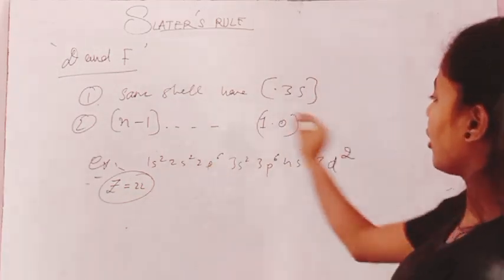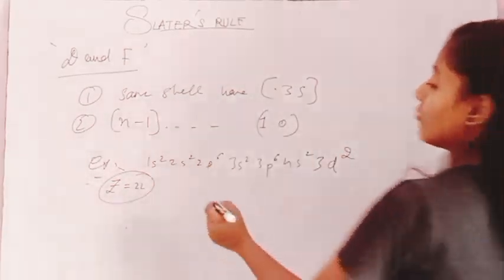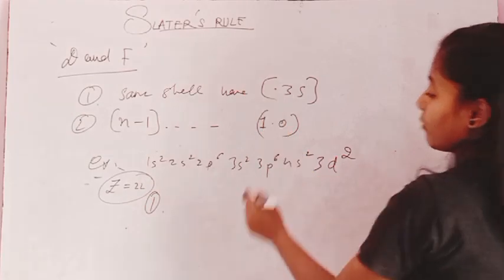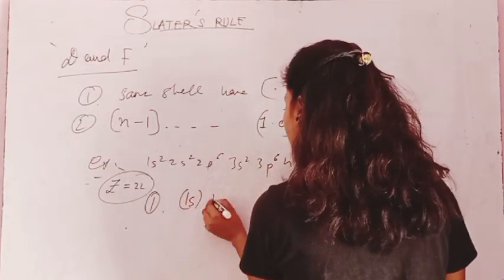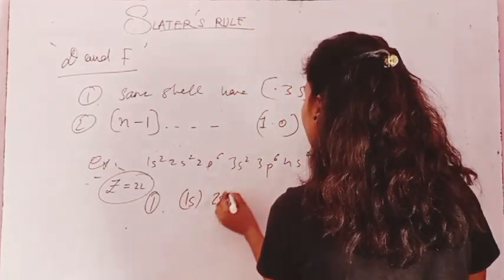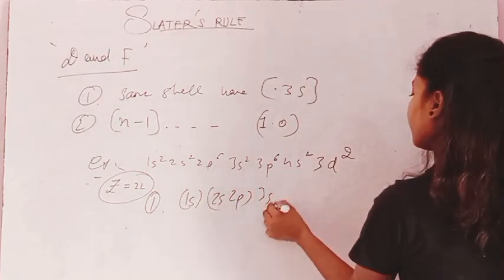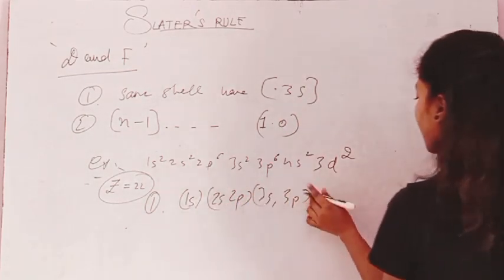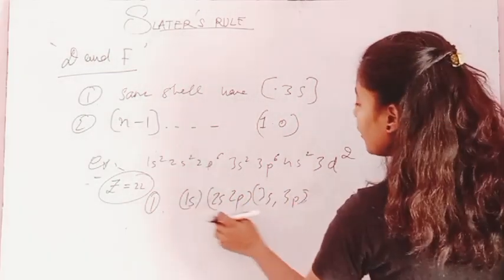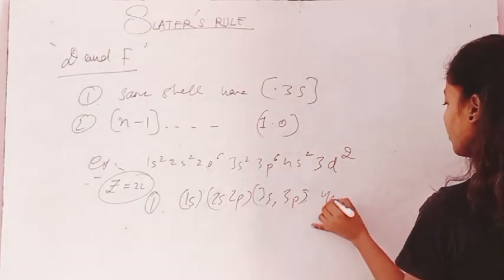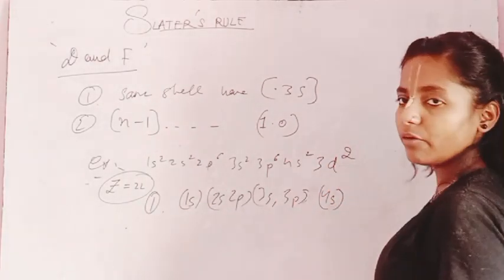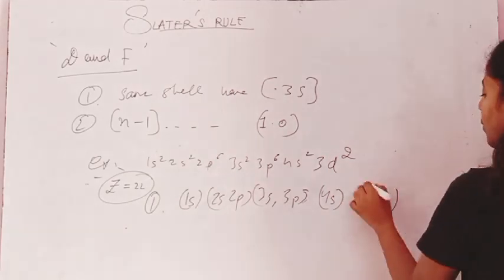So this is the electronic configuration, and the first thing is to write the electronic configuration on the basis of the Slater rule. That is your 1s, then 2s, 2p, 3s, 3p, 4s, and then comes your so on. So 3d in another bracket.